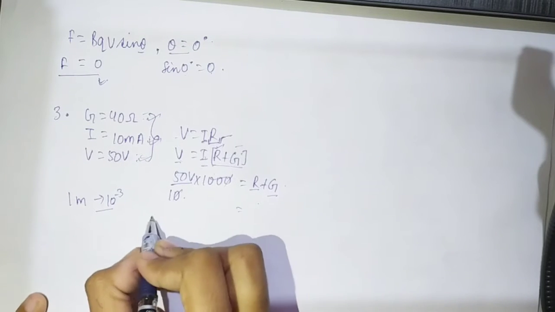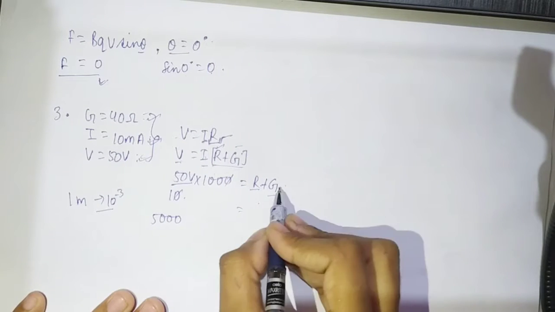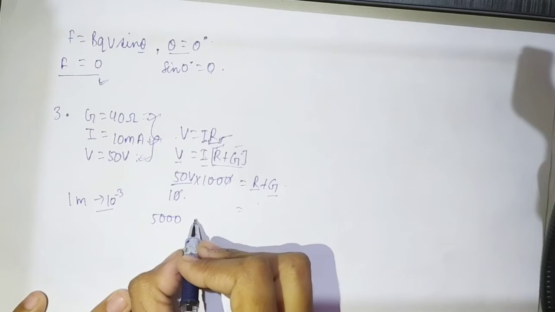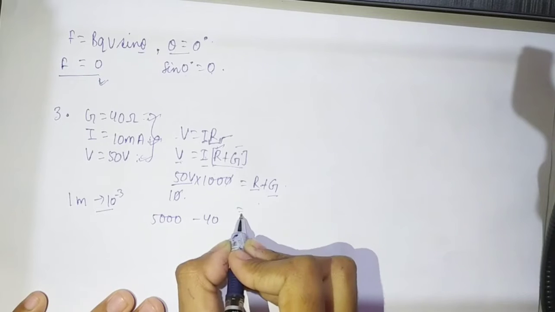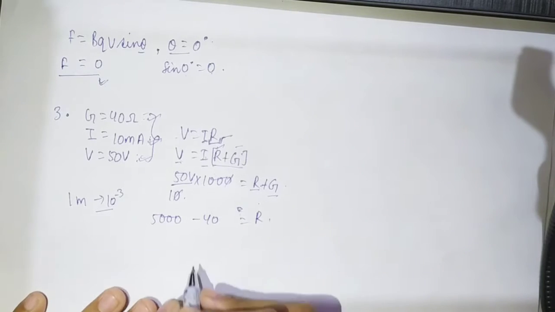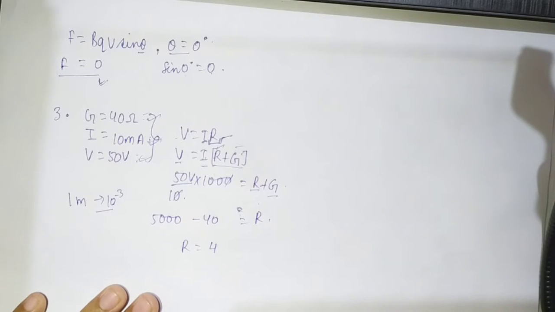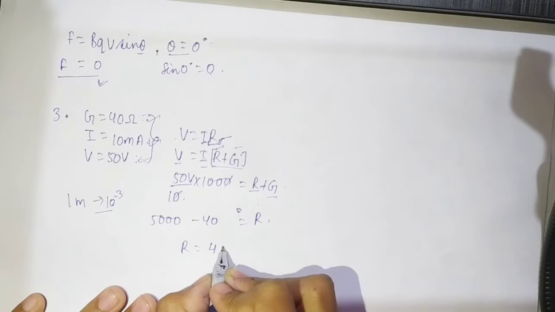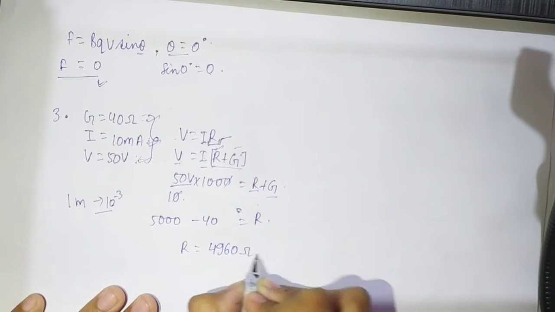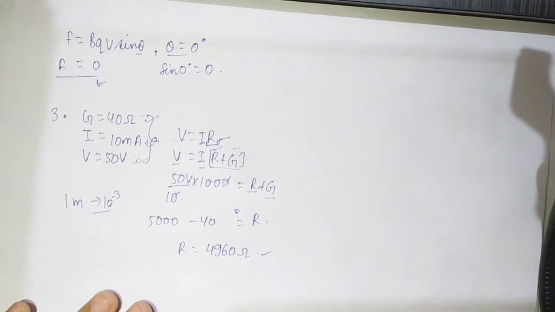So here we are given 5000. Let us take this G on the left hand side, that is minus 40. The resistance will come out to be 4960 ohm. You can perform the calculation and try to find out the result by yourself.